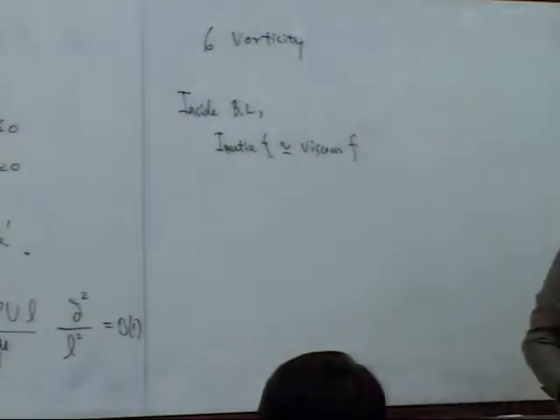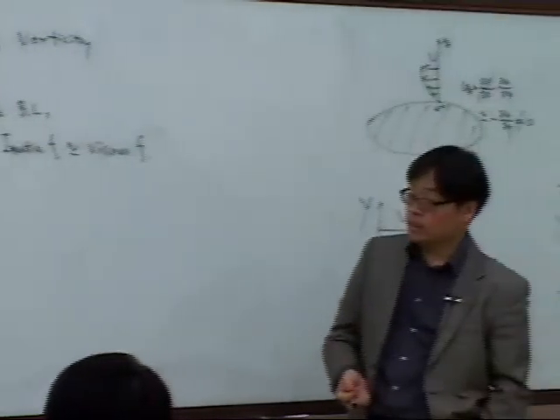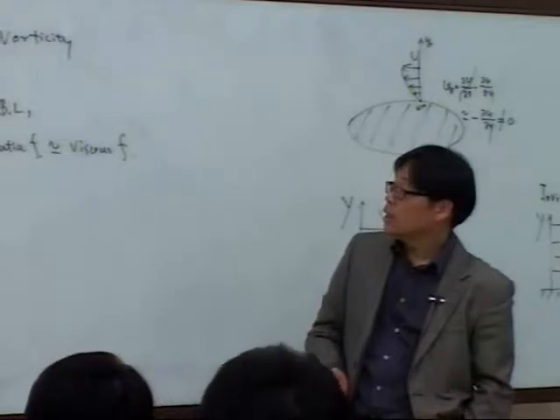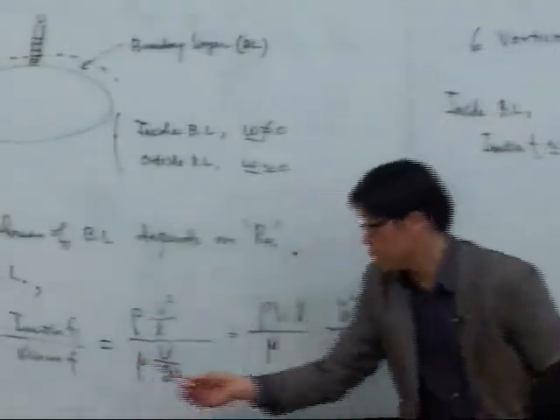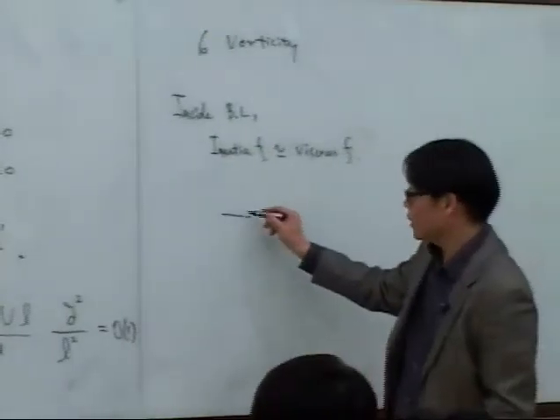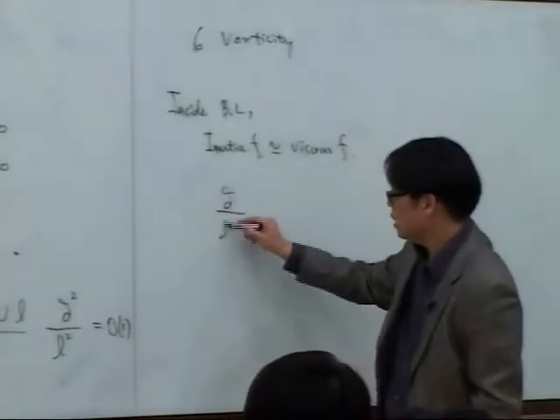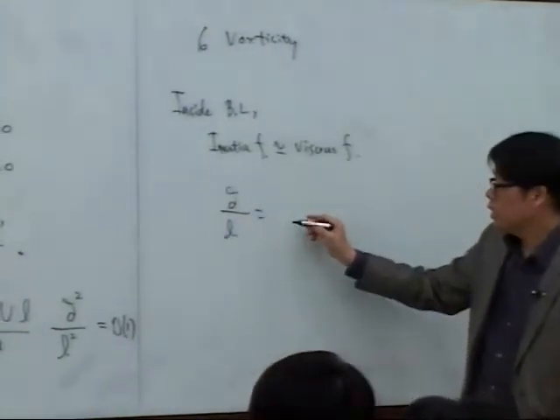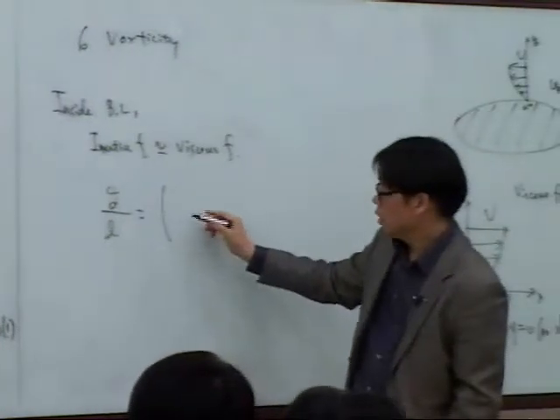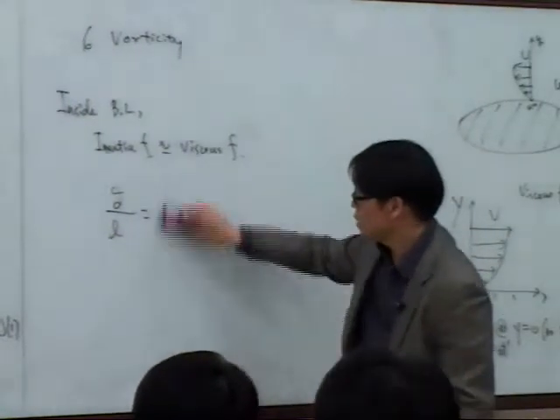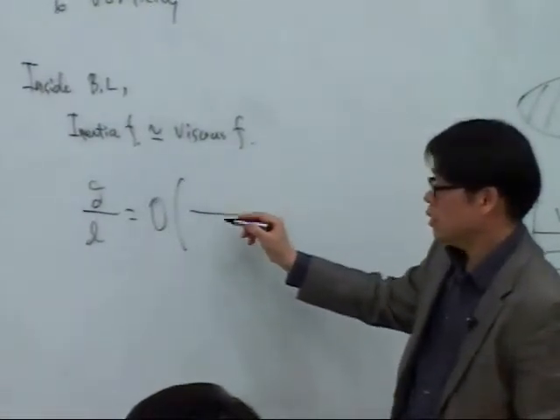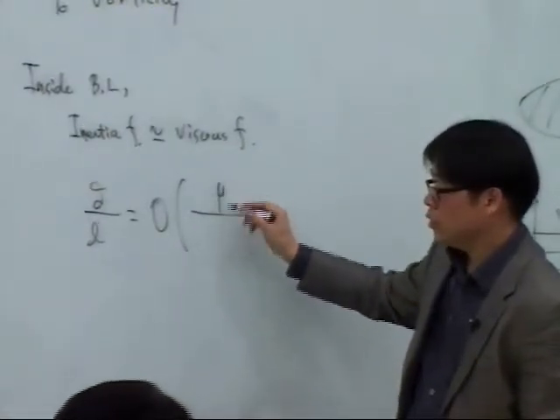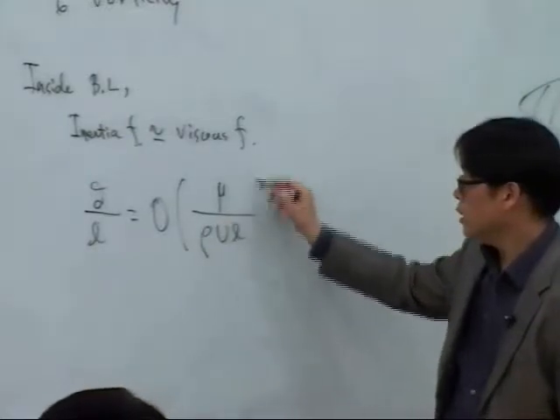Otherwise, I wouldn't get a no-slip condition, and therefore this is almost the same to order 1. So L over delta has to be of order of what? Mu over rho U L.